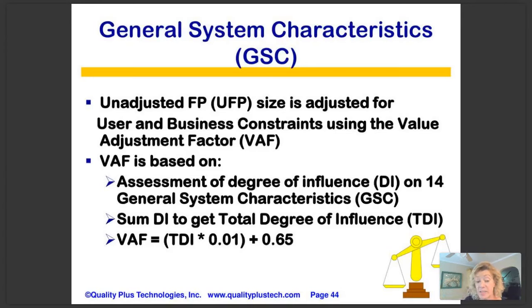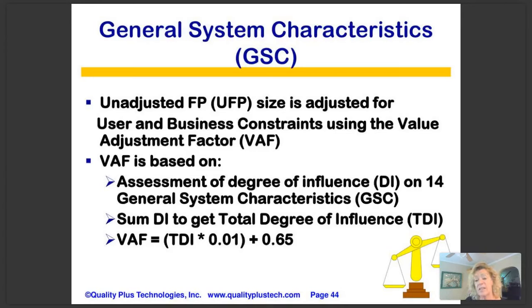So the minimum is 0, the maximum would be 70. If I had 5s on every one of those 14 characteristics, and I added up all of those 5s, it would add up to 70. So my value adjustment factor can range between 0.65, that's if every degree of influence, every answer to my general system characteristics is 0. Then I would get a 0 in the first part, add it to 0.65.